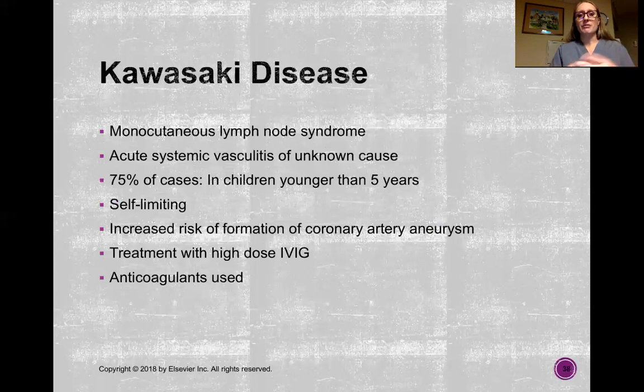And what happens frequently is that some of the more delicate vessels, like the coronary arteries, will bulge and get an aneurysm. So they might have a coronary artery aneurysm. And that's the major danger with Kawasaki's disease. It is self-limiting. It will resolve itself. However, we don't know what damage it will cause in the meantime, which is why we want to treat quickly and aggressively.